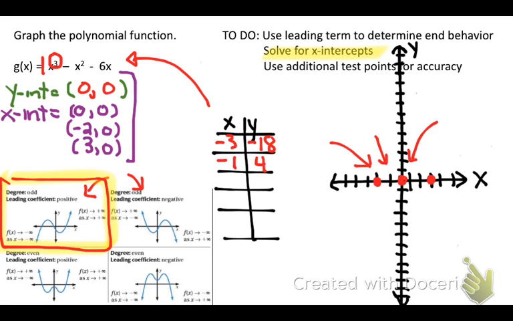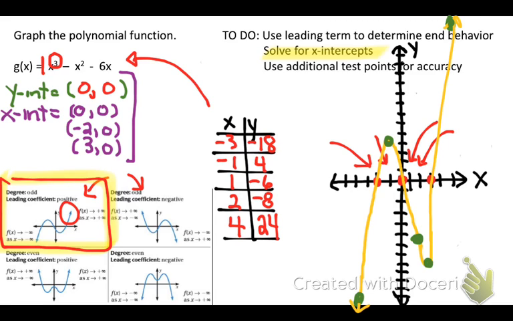We could choose the +1, y becomes -6. We could choose 2, and y becomes -8. And then again, remember, it's going to be opening up to the right of our last point, so we want to choose a value that's to the right of 3, so we choose 4. And when we substitute 4 into the function, we end up with 24.